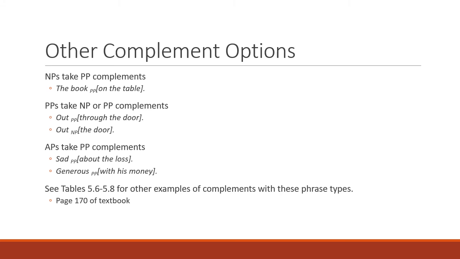I always tell students, when we're trying to learn complete sentences, that if you can figure out what a prepositional phrase is, and realize that those are always subcategories, you can figure out whether sentences are complete rather easily, actually. So adjective phrases take prepositional phrase complements.